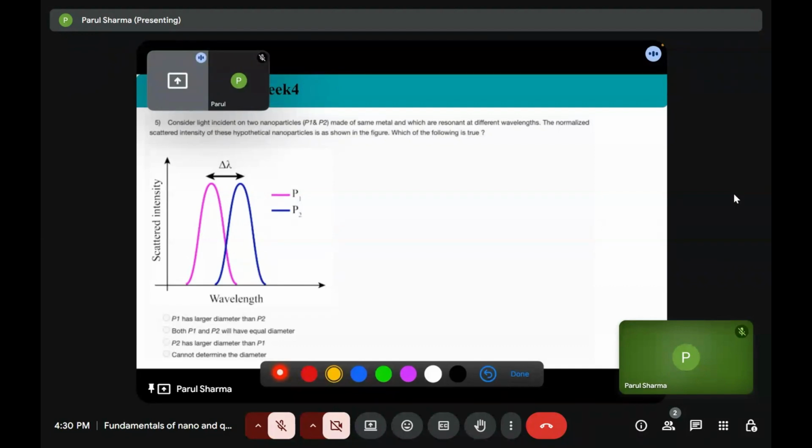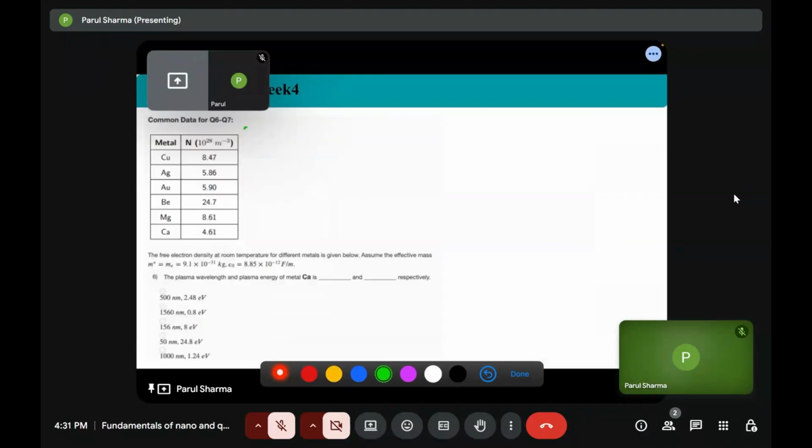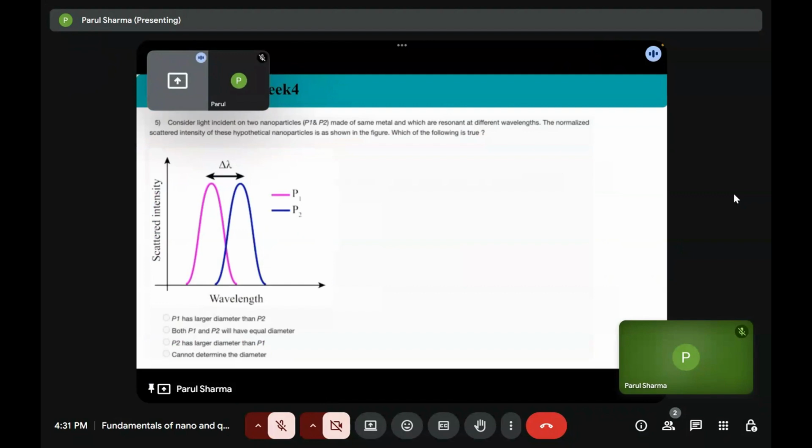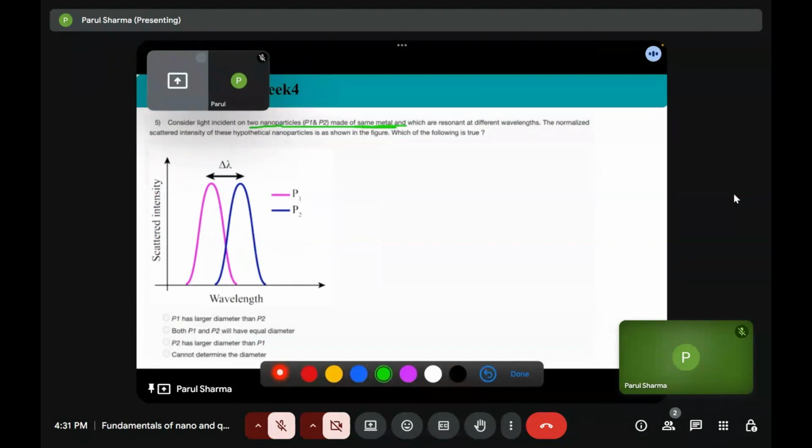The normalized scattered intensity of these is shown in the figure. Two nanoparticles of the same metal but different resonances.